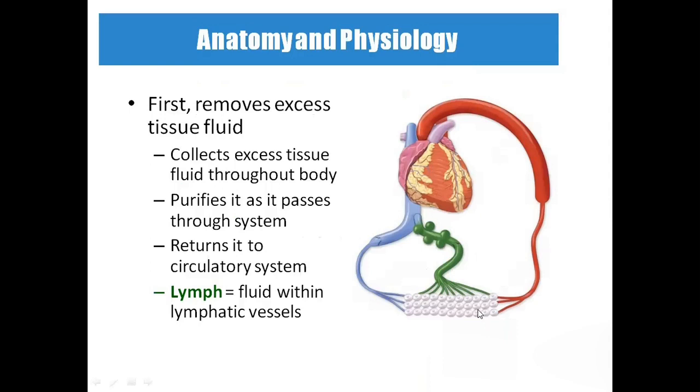We have already seen this in the topic of blood. In the blood, we have the cellular part as well as the fluid part. We call the fluid part plasma. So when the blood enters the tissues, it is not the cellular part that is entering. The cellular part cannot enter into the tissues.